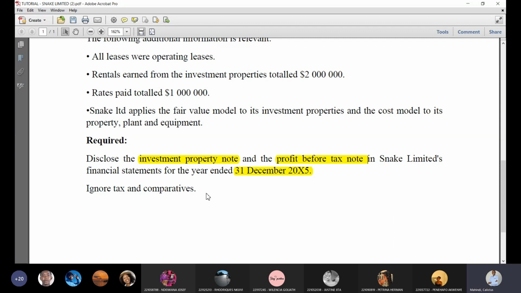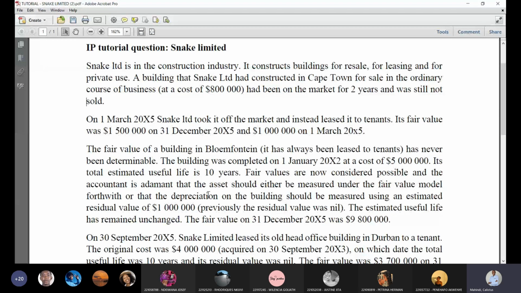So let us read the scenario now. Snake Limited is in the construction industry. It constructs buildings for resale, for leasing, and for private use. Now, when we talk about buildings for resale, how will those buildings be classified? Inventory, stock, exactly.